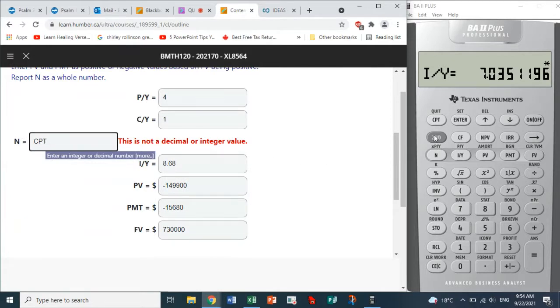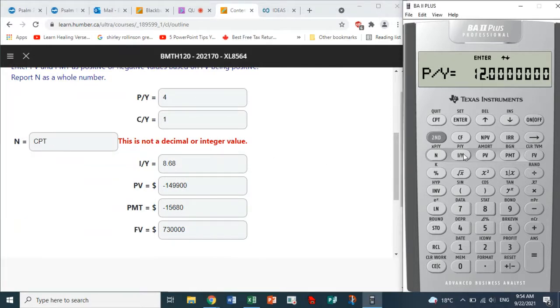So let's put it on the calculator. PY is 4, and we enter that. CY is 1, and we enter that. Then we can check: PY is 4, CY is 1. So we come out of there. We're calculating N, so we skip over that. 8.68 is IY.